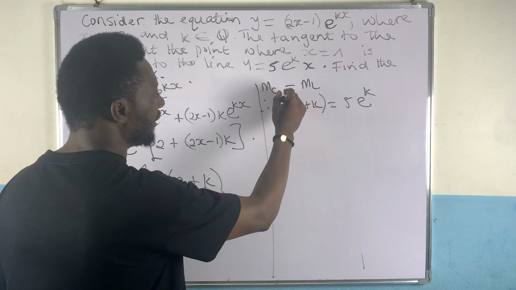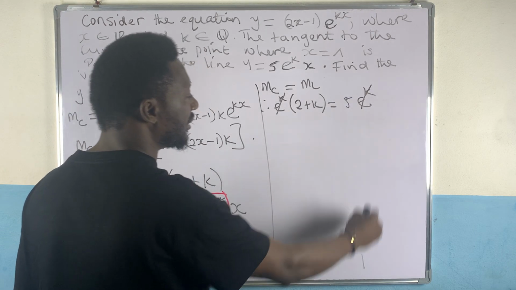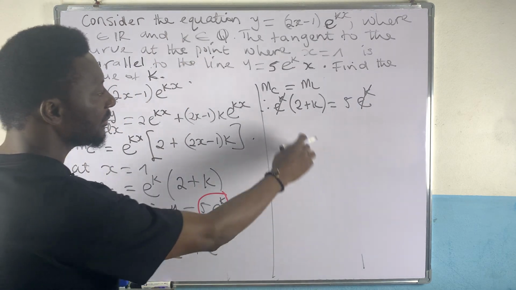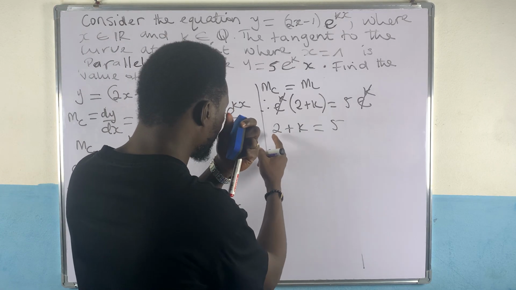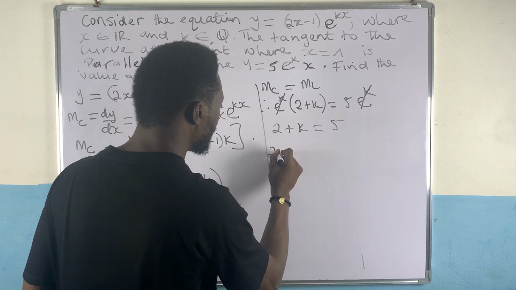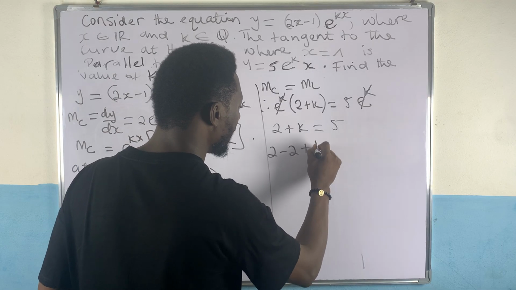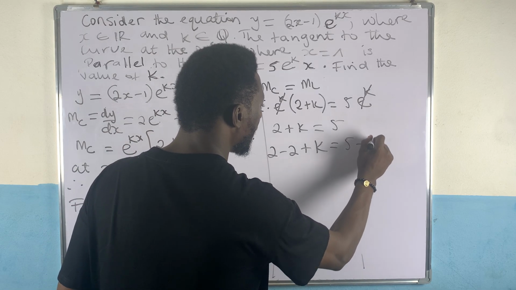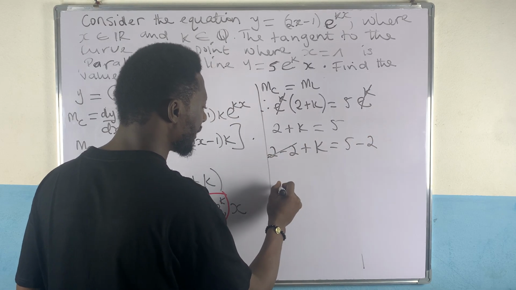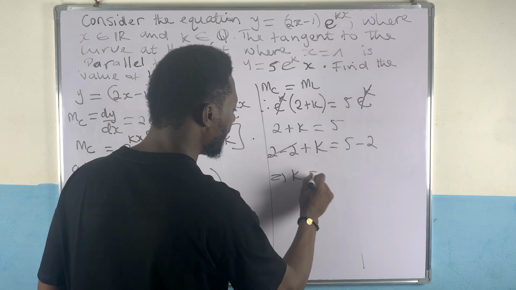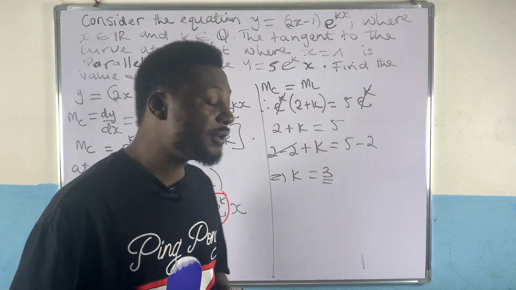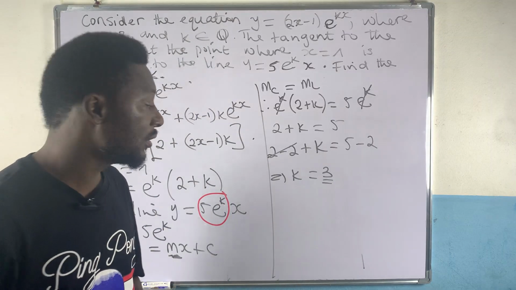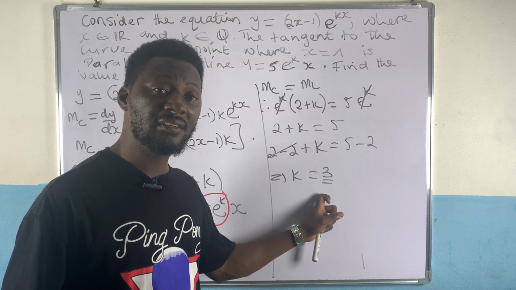You see that e exponent k can cancel on both sides. So 2 plus k should be equal to 5. I will subtract 2 on both sides to isolate k: k equals 5 minus 2. This implies my k will be 3. So as you can see, the value of k that they were asking us to find is actually 3.